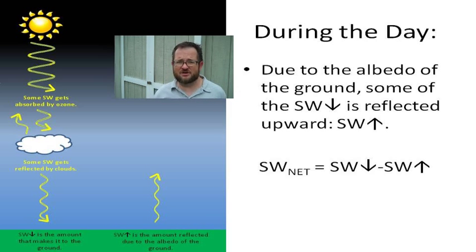There's no solar radiation being transmitted through the ground, much less all the way through and out the other side of the Earth, right? So any radiation that isn't reflected off the surface of the Earth is clearly being absorbed. And the net amount of solar radiation that we are absorbing is SW net. SW net will be zero at night, where we're not getting any solar radiation, and it will be a positive number during the day as we are gaining solar radiation.